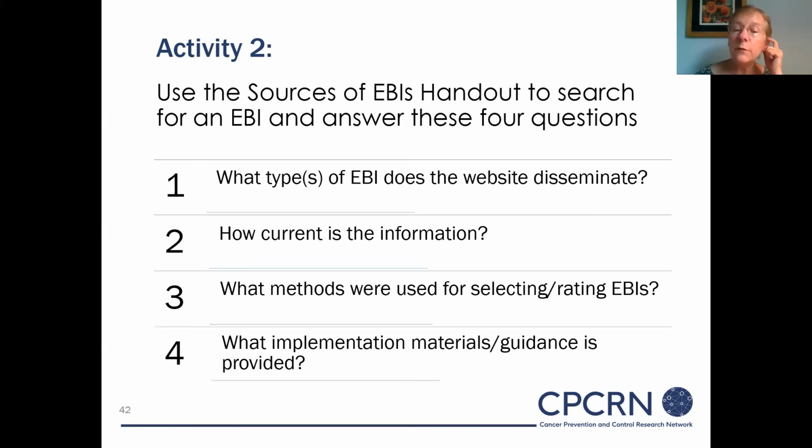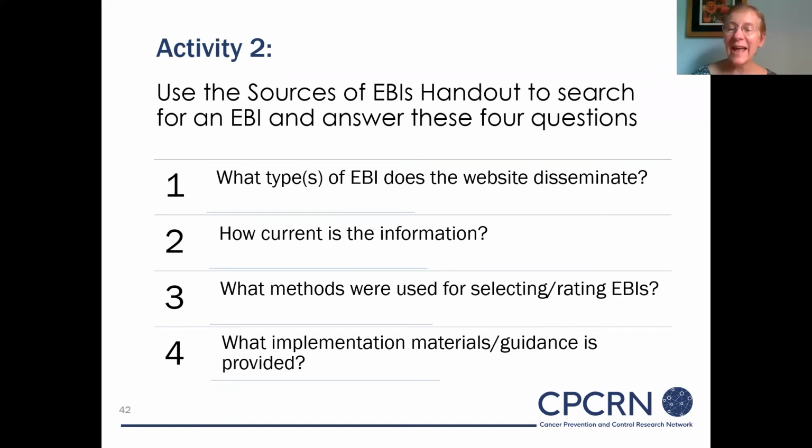How current is the information about a particular EBI? What methods were used for selecting and rating the EBIs on that website? And what implementation materials and guidance are provided? You probably won't be able to get through this in 5 minutes, but I just want to give you a chance to play around on the websites a little bit, and we'll stop at 12:42.